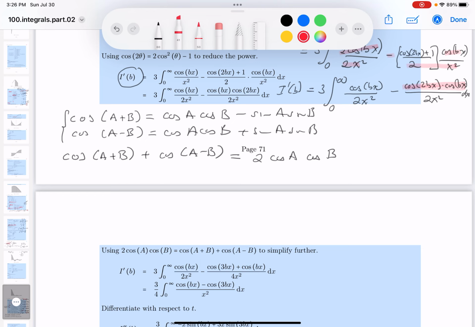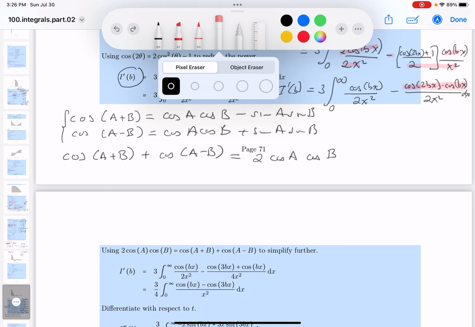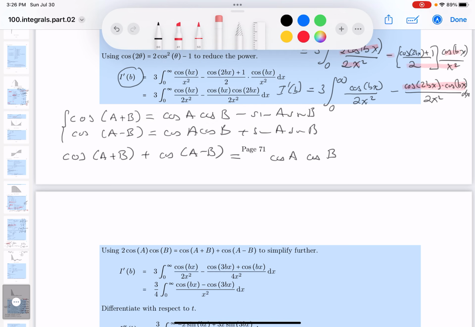So I'm going to say, I want to get rid of the 2. Whoops, a little too far there. And I'm going to put the 2 over here. And then right below this, I'm going to write down what I'm looking at. I'm looking at cosine 2bx and cosine bx.